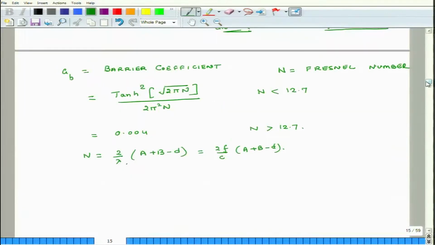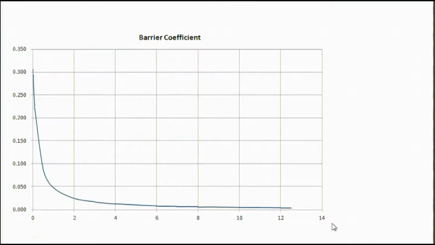I wanted to show you how AB changes with respect to n. So, I have a graph for that. This is the graph for the barrier coefficient. What does it show? That as n becomes small, the barrier coefficient, this is AB, goes up.